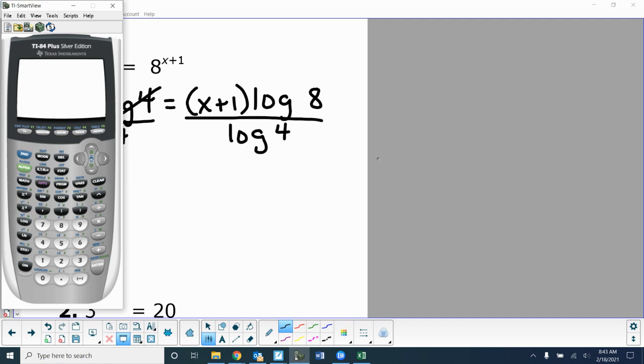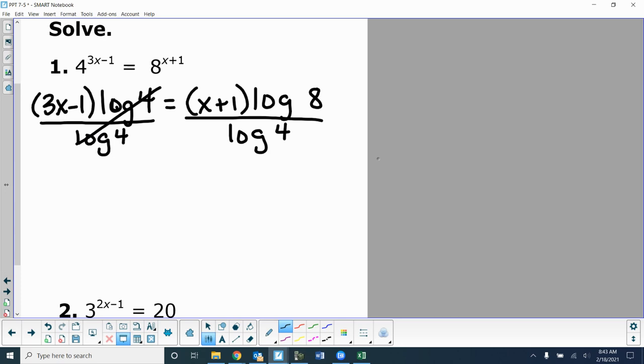So you just do log, and remember, when you hit log, it gives you that left parenthesis, so 8, then close it off, divided by log of 4. If you don't close it off, it's going to give you a different answer. So that's 1.5. All right, so I got 3x minus 1 on the left, and 1.5 times x plus 1 on the right.